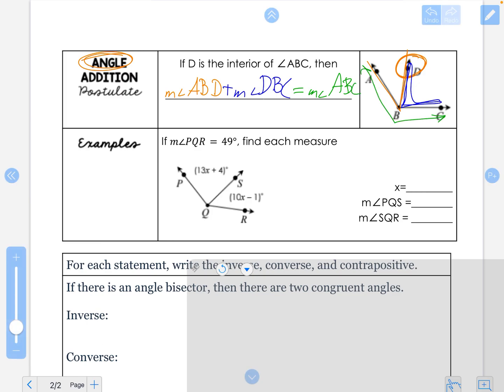The two parts of the angle add up to equal the whole angle.